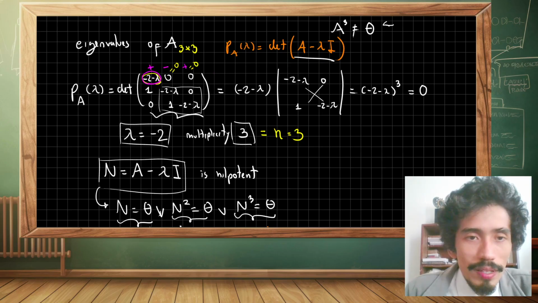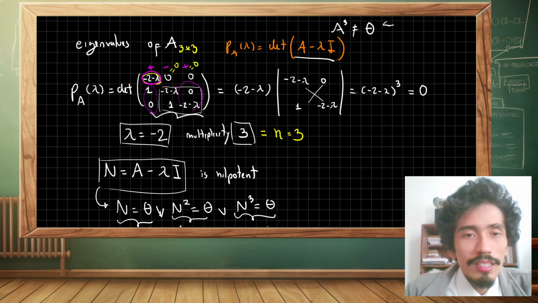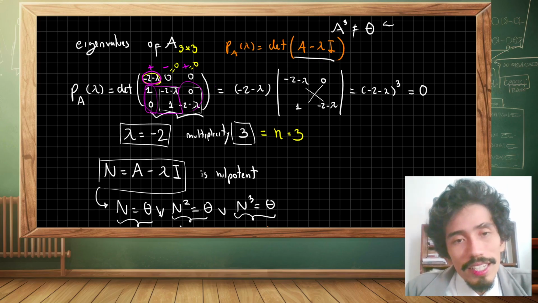This is plus, minus, plus, and you can have this determinant equal to this entry times the determinant of the following, plus this entry times the determinant of this matrix that has these columns, plus this number multiplied by the determinant of this square matrix. So in this case, since these are equal to 0, then you only have to multiply this entry by the other side of the matrix.